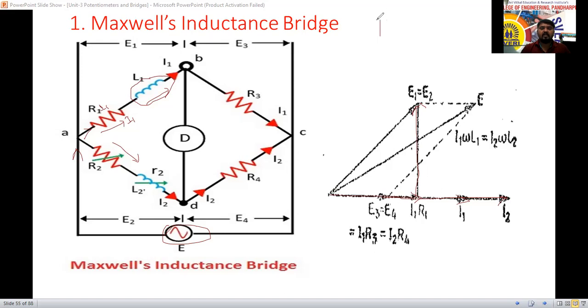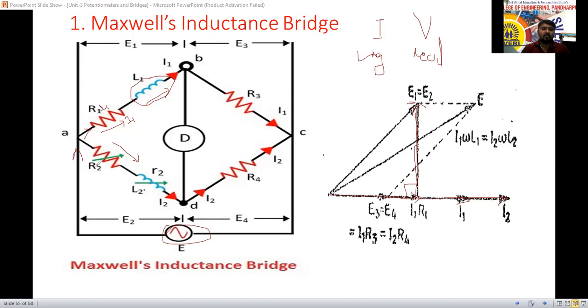See here, current and voltage: if the current is lagging, then the voltage should be leading. Here I have taken the current as reference. So the voltage drop across inductance L1, that is E1, is leading, by how much angle? 90 degrees.